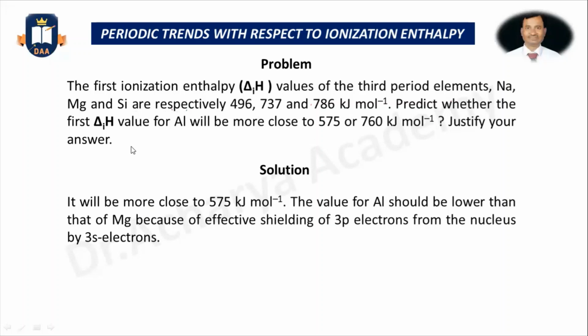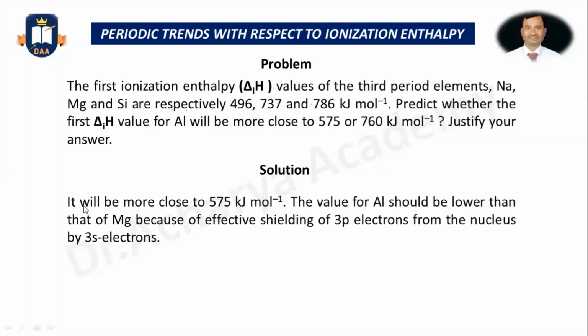Predict whether the first ionization enthalpy value for aluminium will be more close to 575 or 760 kilojoule per mole. Justify your answer.